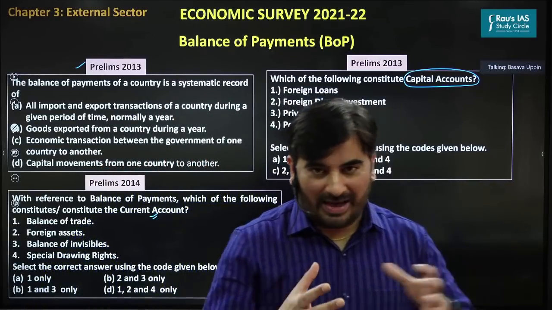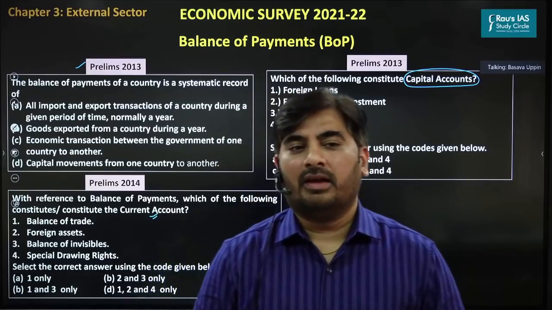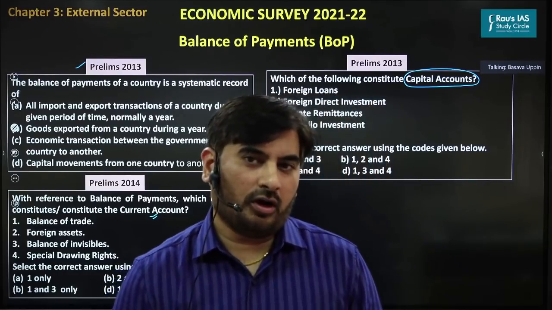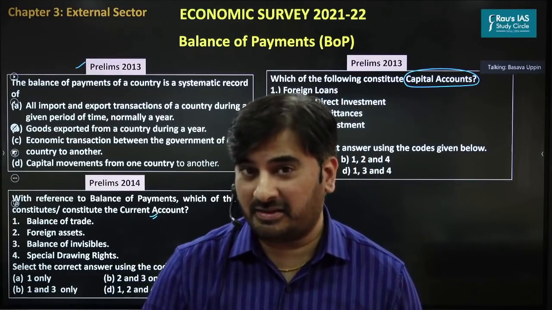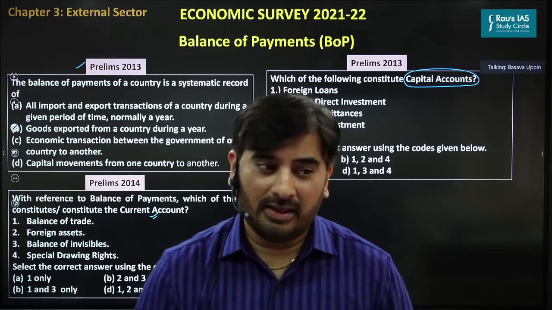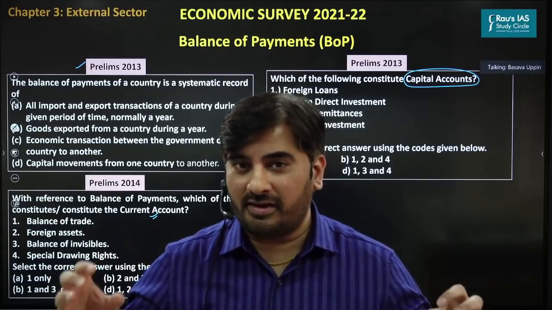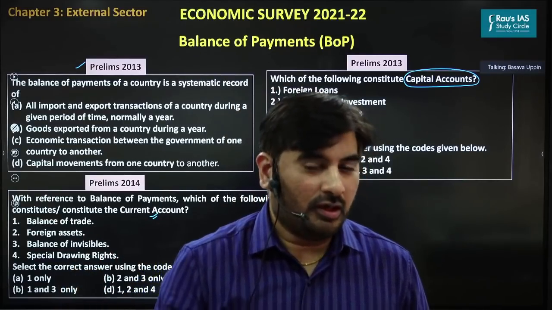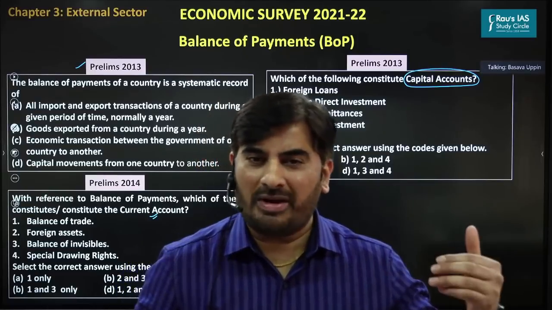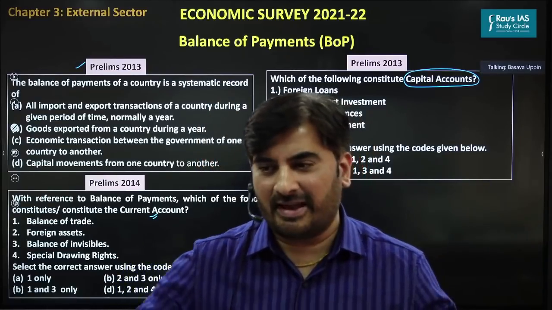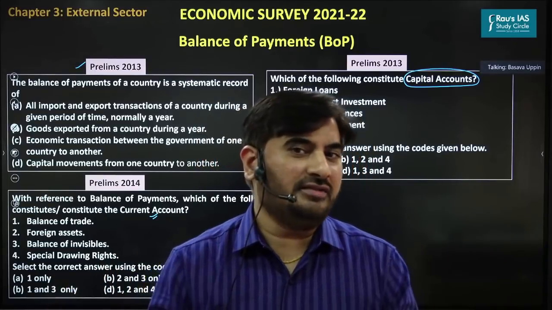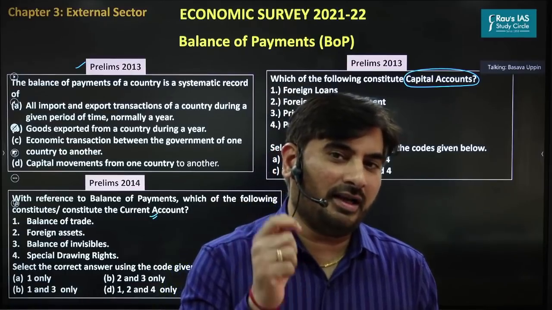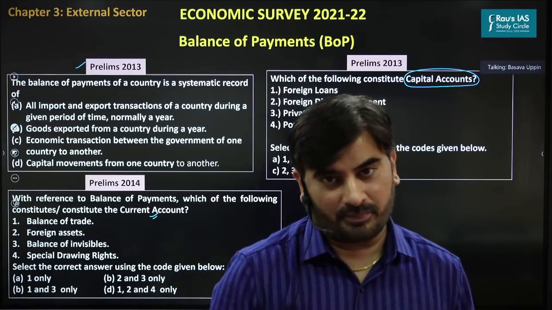See, when you look at the balance of payment, that is BOP, it is a record of all the economic transactions that take place between the residents and non-residents of a country for a period of 1 year. So for a period of 1 year, whatever economic transactions take place between the residents and non-residents, all of these transactions get recorded into the balance of payment.